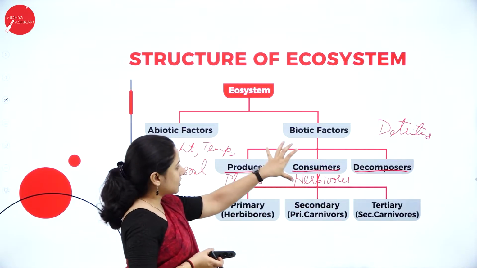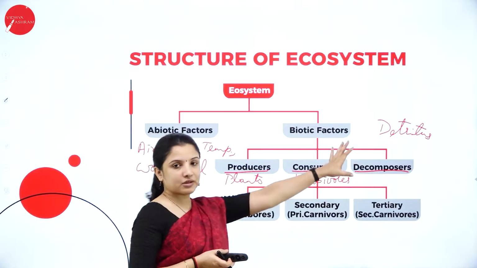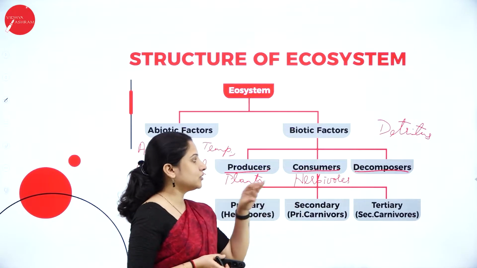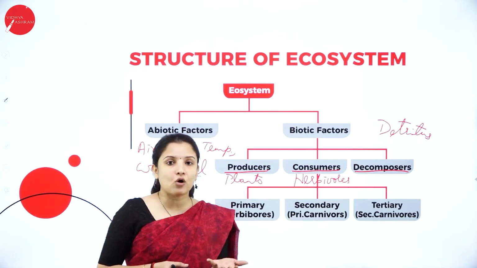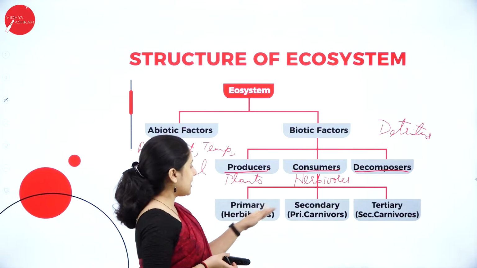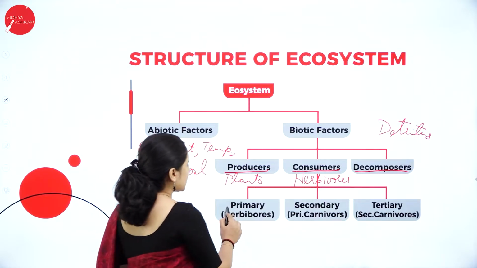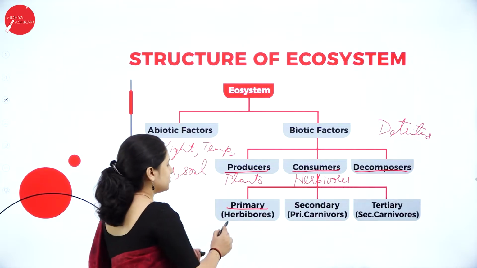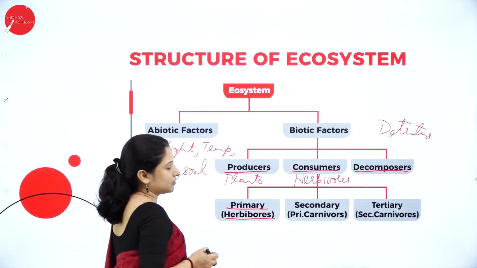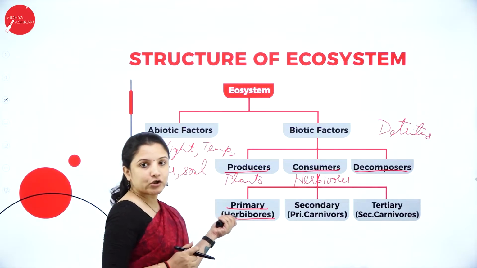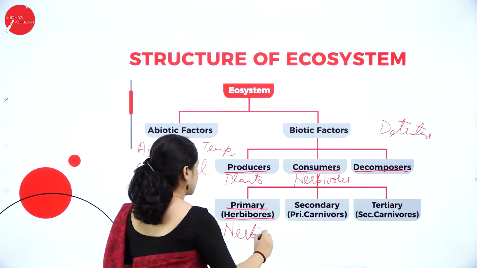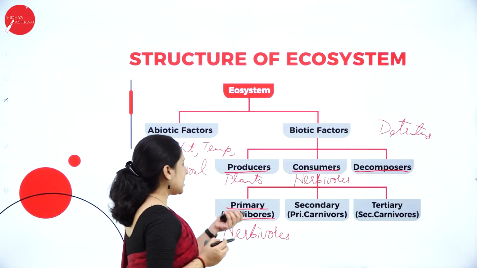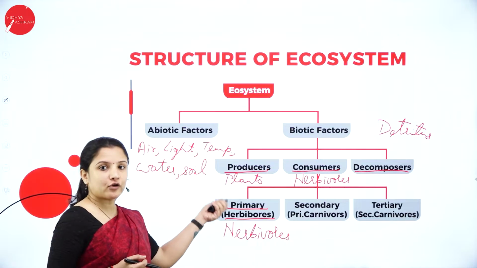So the biotic factors are producers, consumers and decomposers. Again, consumers are the organisms which eat something, right? They are divided into primary consumers. Primary consumers are nothing but the herbivores, which feed on the green plants.